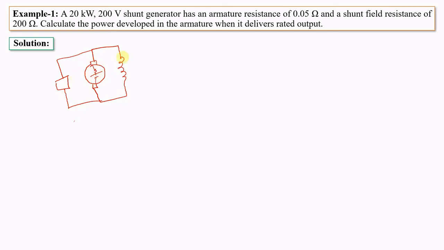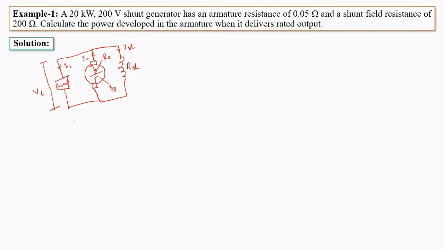It is the generated EMF. It is shunt field winding resistance. This is armature winding resistance. It is generated EMF. Here it is the load current, armature current, field winding current, and voltage across the load.